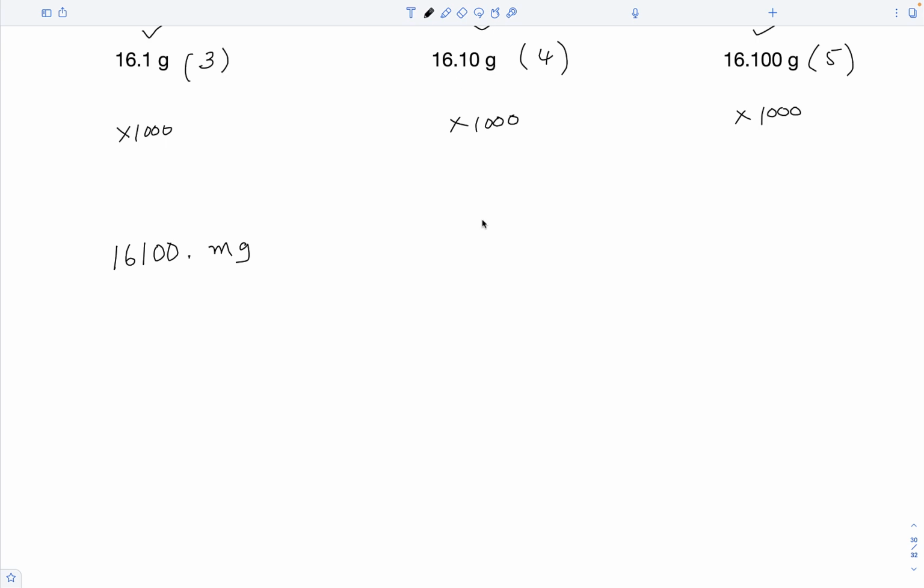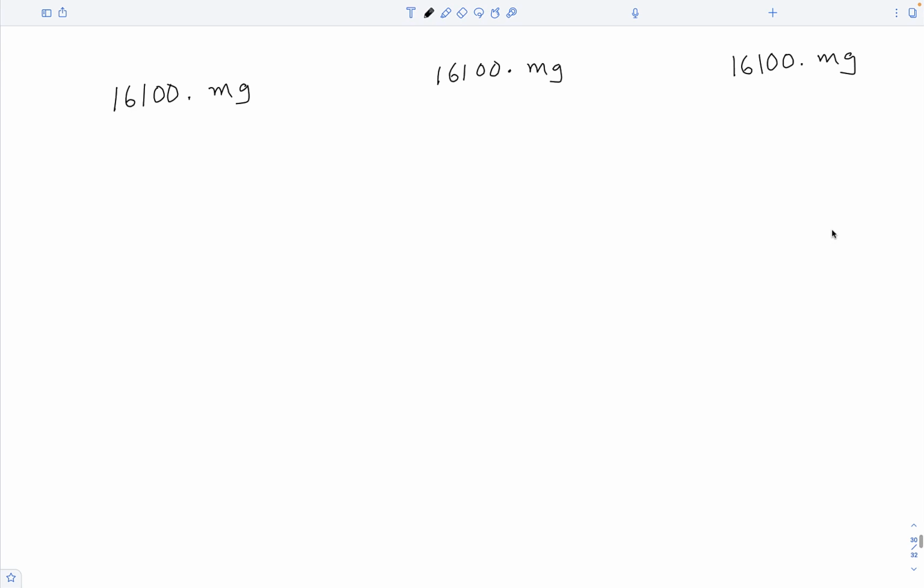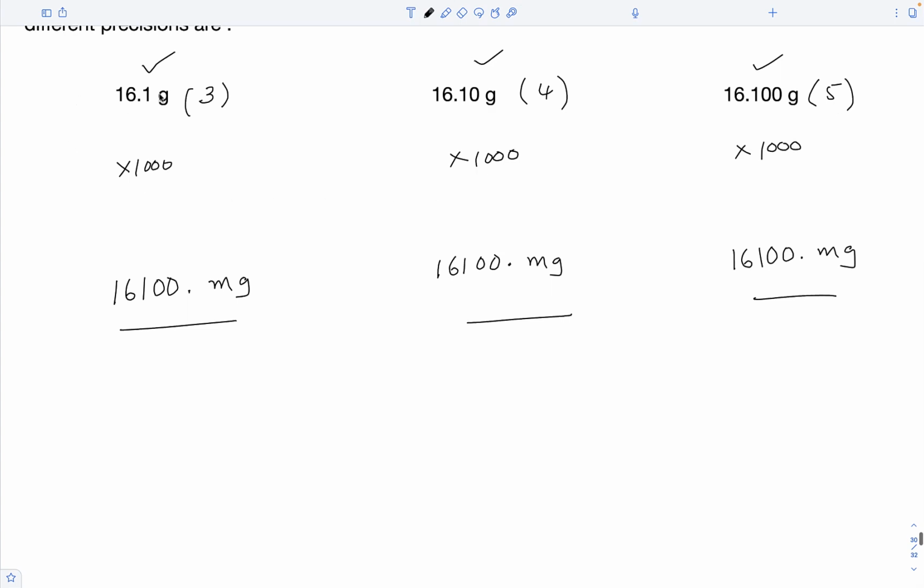The second measurement becomes 16100 dot milligrams. And the third measurement also becomes 16100 dot milligrams.